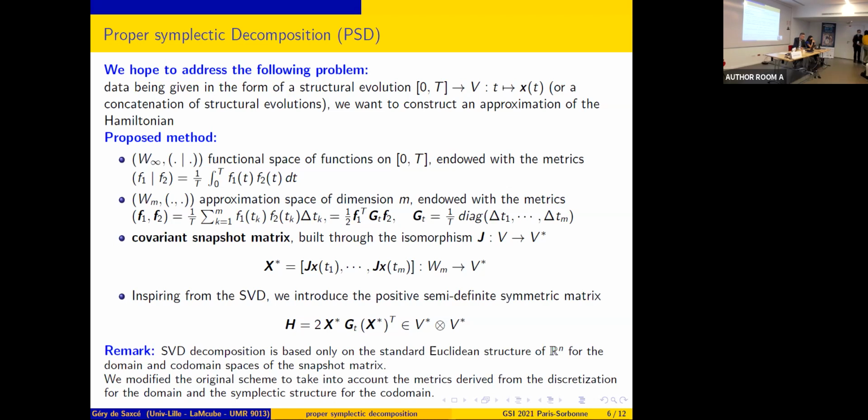In the POD, the SVD decomposition of a rectangular matrix is based only on the canonical Euclidean structure of Rn for the domain and codomain of the snapshot matrix. We modify this original scheme to take into account the matrix derived from the discretization for the domain and the symplectic structure for the codomain.